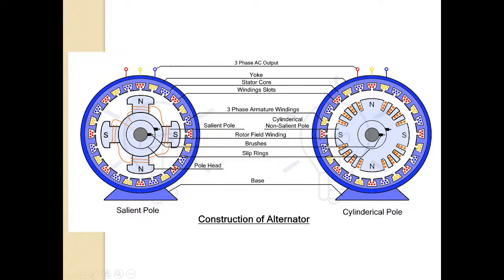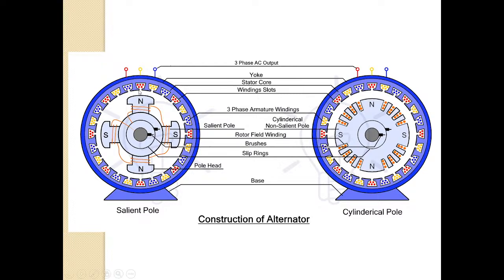Armature windings are placed in the stator, and field windings are placed in the rotor. So this generator, also known as an alternator, AC generator, or synchronous generator, will have a stationary magnetic field and rotating armature windings.